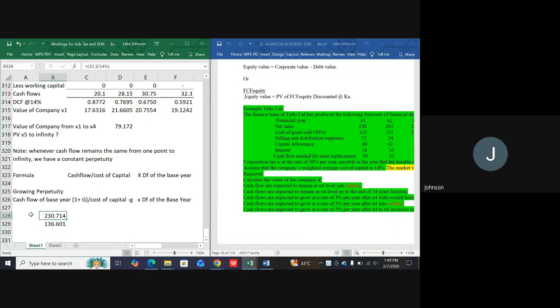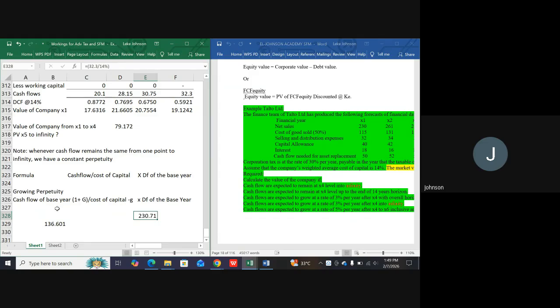So this answer is only the cash flow of the base year. Let me move it away from here. Inside here, we have the cash flow of the base year divided by the cost of capital given to us in the question.